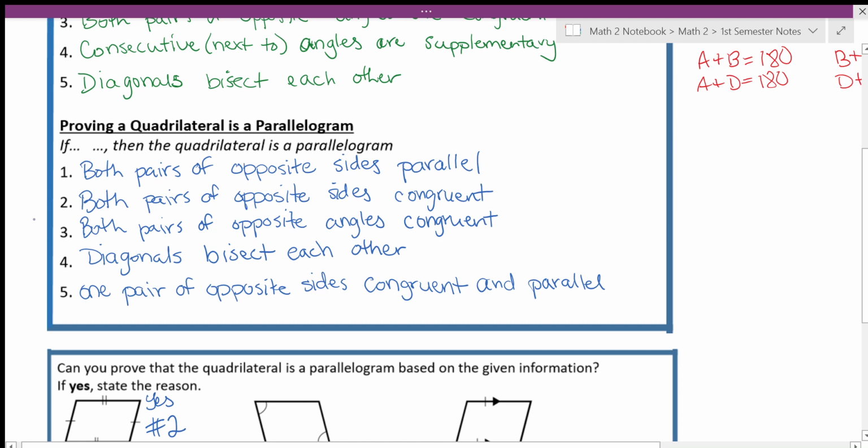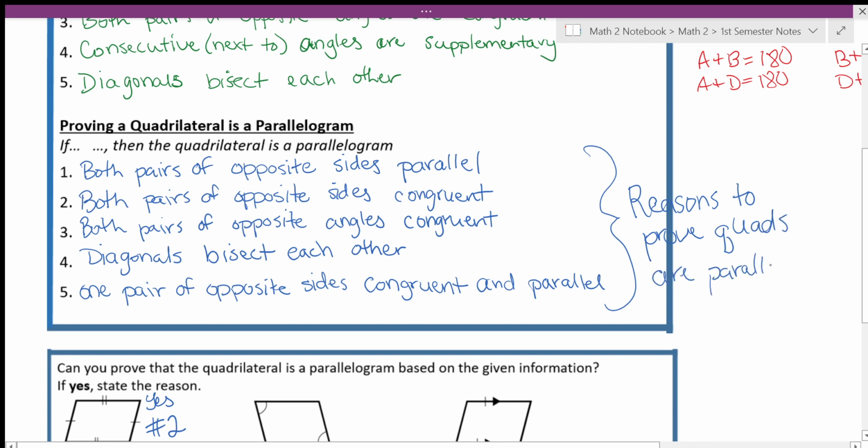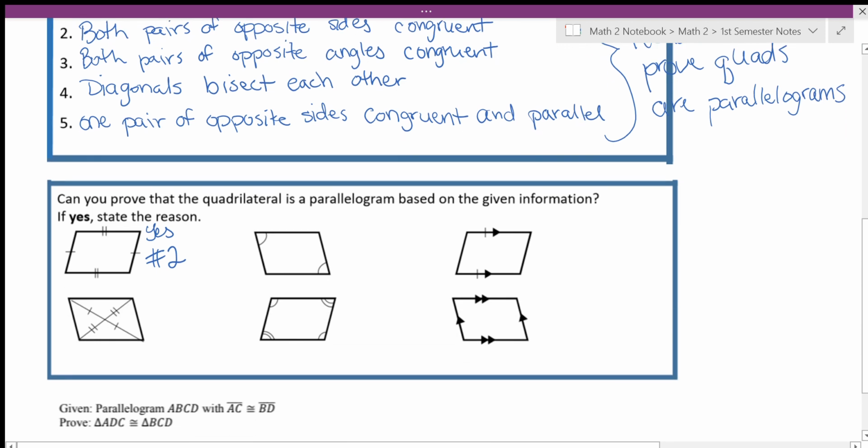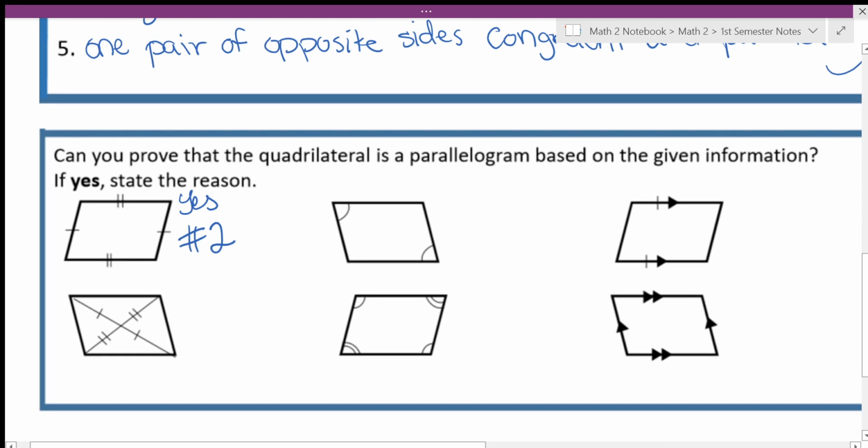Reasons to prove quads are parallelograms. In the same way that we had certain reasons that we could use to prove that triangles are congruent, right? Side, side, side, side, angle, etc. We had a certain set of reasons that we could use to prove triangles are congruent. These are the reasons that we can use to prove that quadrilaterals are parallelograms. So yes, this one works. It is number 2 from our options of our reasons.